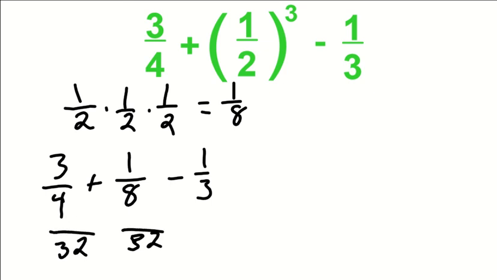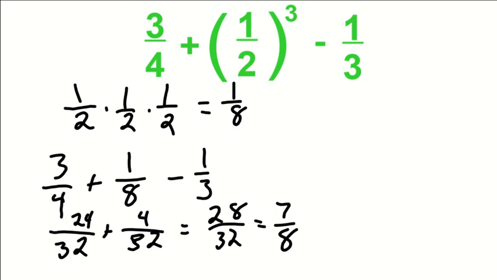This is where, if you know how to find the common denominator, it would be a little bit easier because 8 would be a smaller number. But if you multiply the denominators, that makes 32. We cross multiply, we got 24 and 4. So that's 28 over 32. 4 goes into both of those. So now we got 7/8.